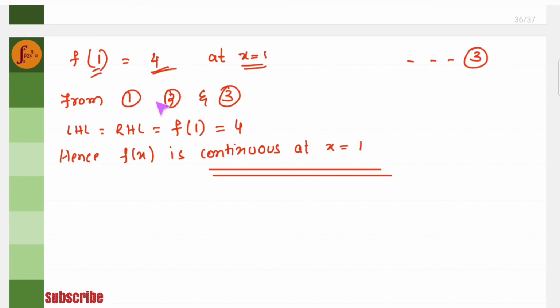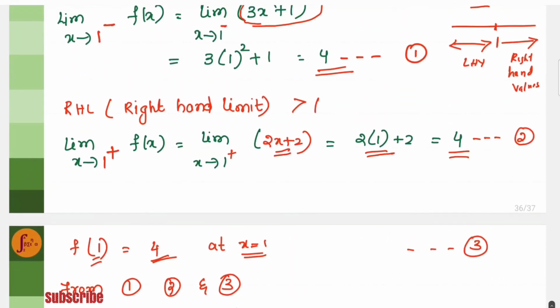Now from 1, 2 and 3, LHL, RHL and f of 1 are all the same. Therefore, f of x is continuous at x is equal to 1. Even if one of the values is not matching, then we call it discontinuous.